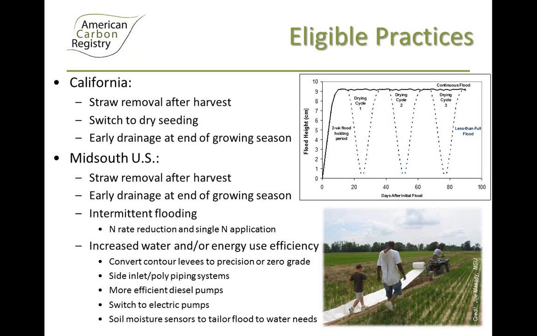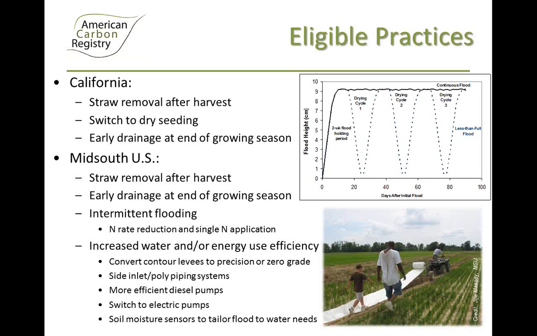The eligible practices in the methodology are listed here. So in California, you have those three practices: straw removal after harvest, switch to dry seeding, and early drainage at the end of the growing season. And I think maybe a way to think of it is, what we're talking about here is any practice that reduces the amount of time that fields are flooded, that have those fields in anaerobic conditions where the anaerobic bacteria are producing methane, and or reduces the amount of organic material available for anaerobic decomposition.